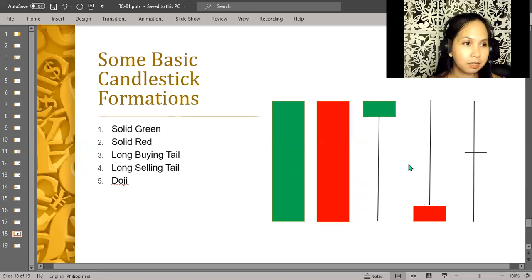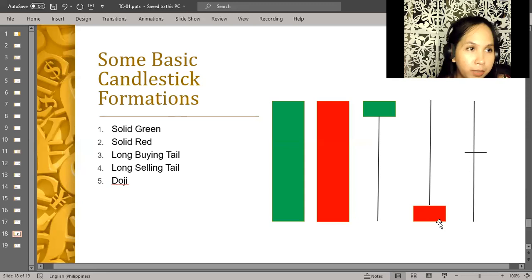Now up next, we have this red, another red, tall, short body. And then we have also a long tail on the reverse position. This is a very bearish candle where the price opened low and tried to move up but was pushed back down.